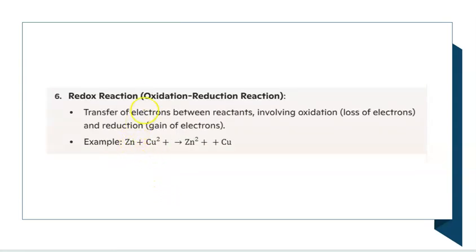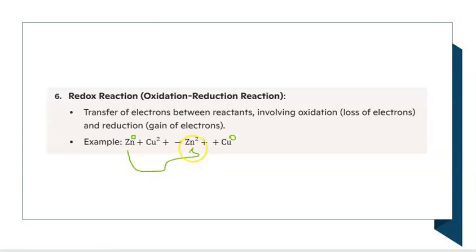This is what we call a redox reaction, when the atoms are in the single state, where they are supposed to have an oxidation number of 0. The same thing here with copper, because they are alone. As you can see, zinc in this reaction goes up.